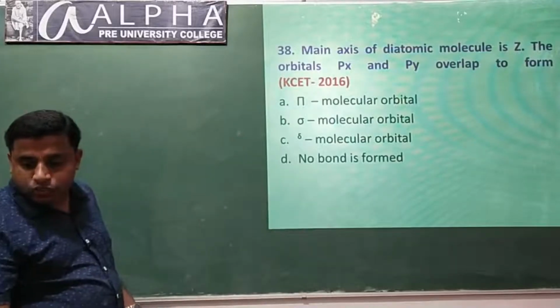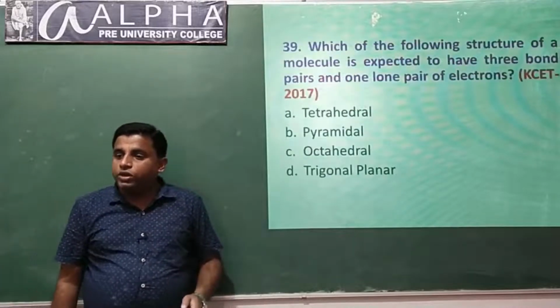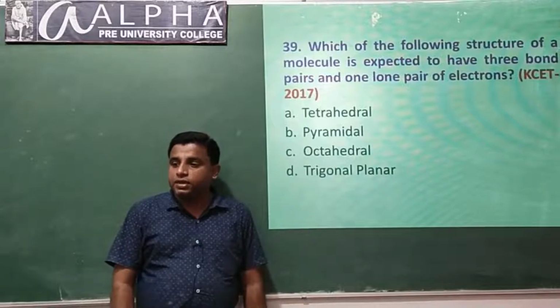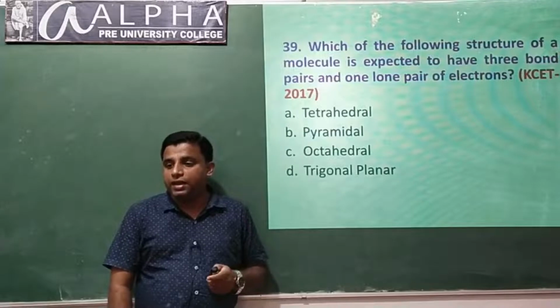Next question. Which of the following structures of a molecule is expected to have 3 bond pairs and 1 lone pair of electrons?